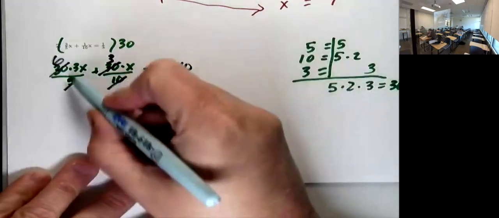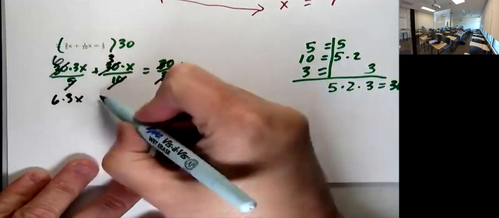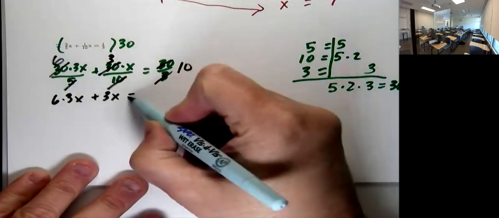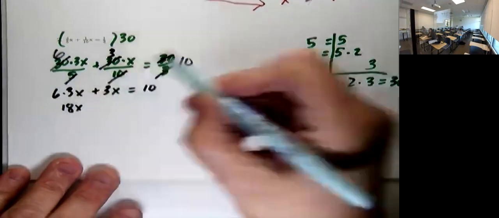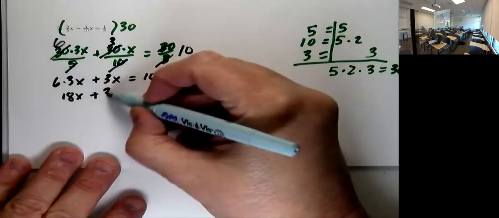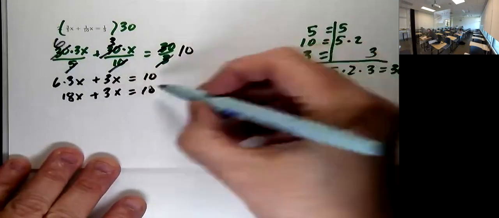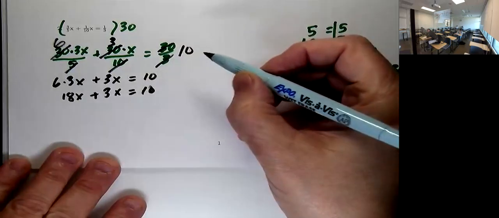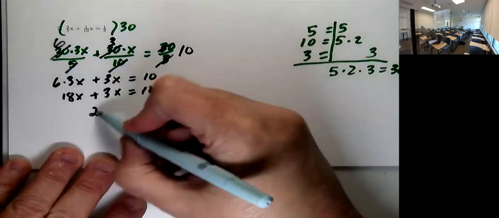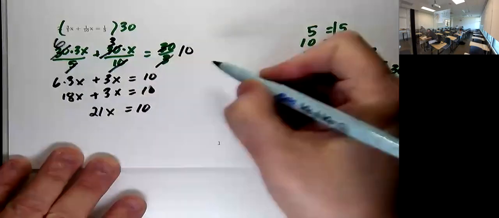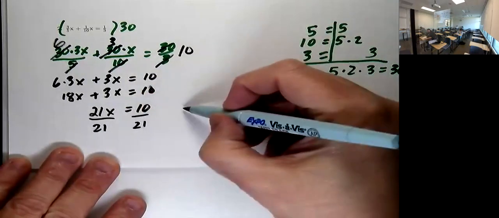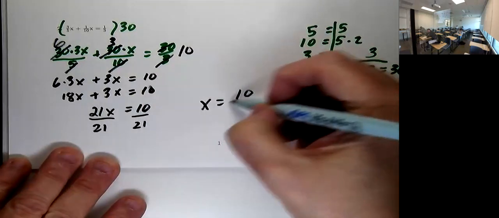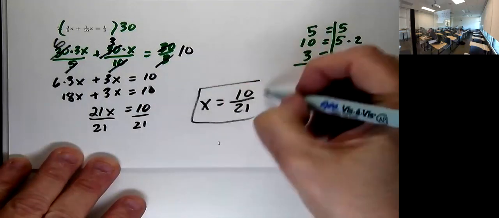What I have is 6 times 3x plus 3x equals 10. So this is 18x plus 3x equals 10. 21x equals 10. And divide by the 21 and we get x equals 10 over 21. It's not a pretty number, but it is the correct answer.